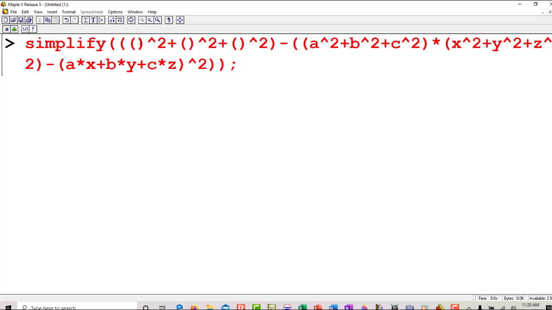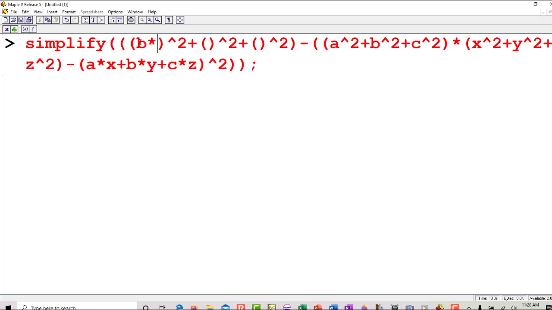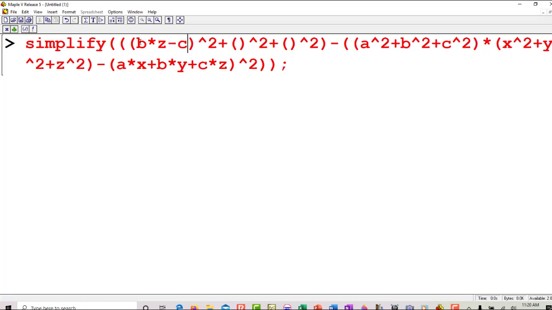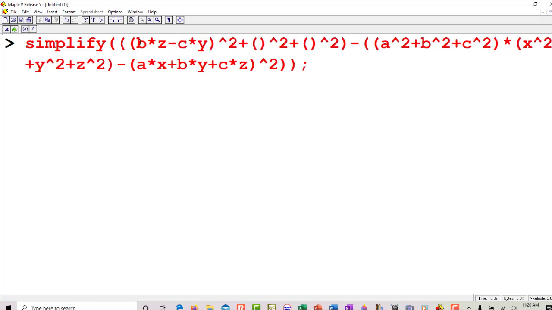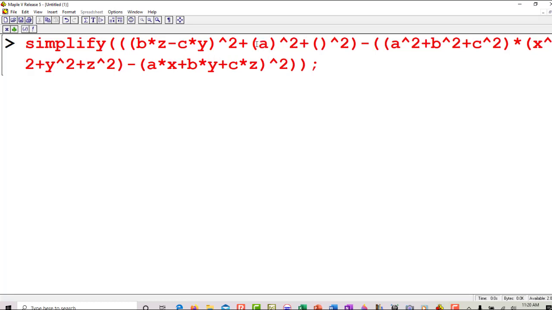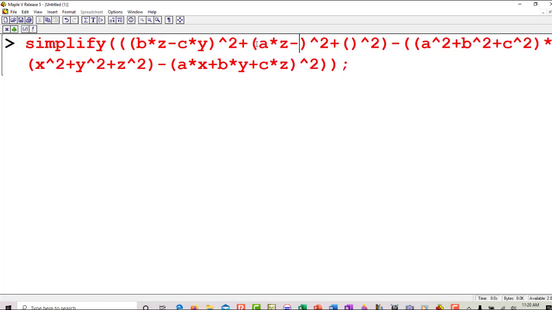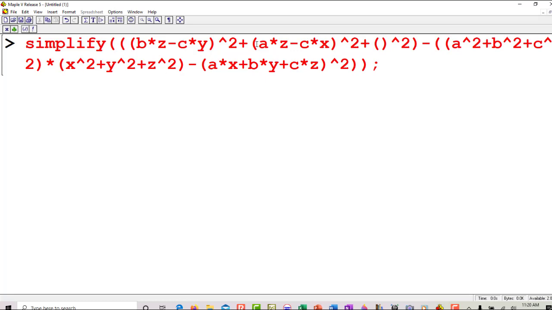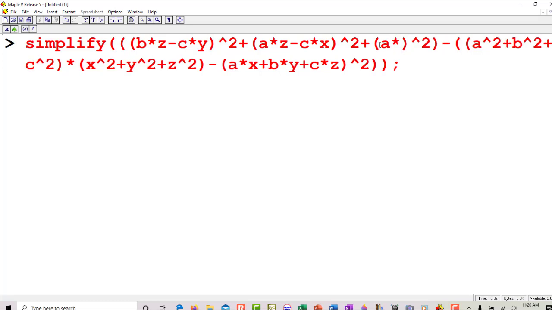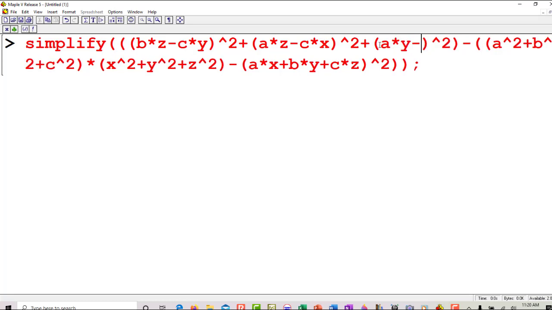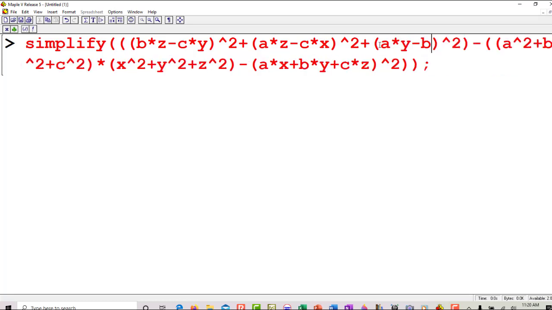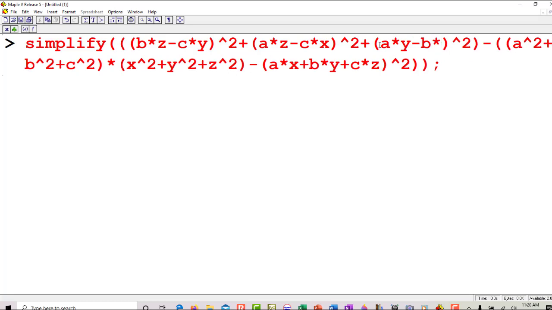The first term was b times z minus c times y. The second coordinate was a times z minus c times x. And the last coordinate was a times y minus b times x.